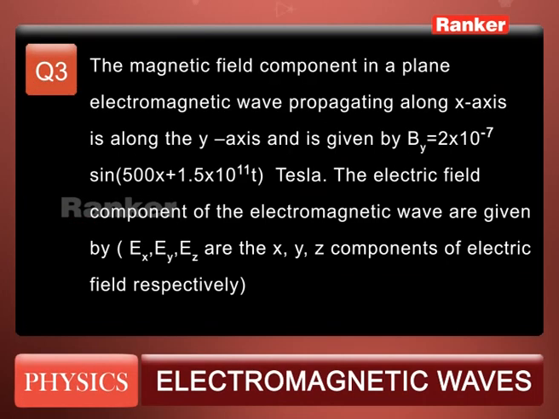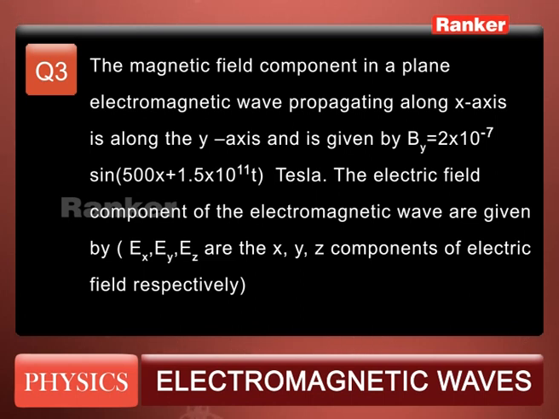Question number 3. The magnetic field component in a plane electromagnetic wave propagating along positive x-axis is along the y-axis and is given by 2 into 10 power minus 7 sine of 500x plus 1.5 into 10 power 11 t Tesla.